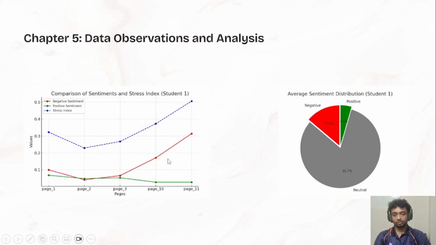By page 11, it has reached values more than 0.3, while the positive sentiment is reducing. After taking the weighted sum, we get the stress index, which is also increasing, similar to that of the negative sentiment. So this clearly shows the increase in stress with time.